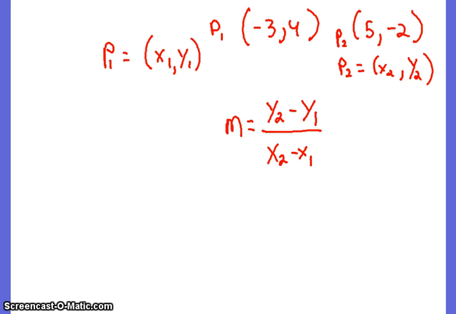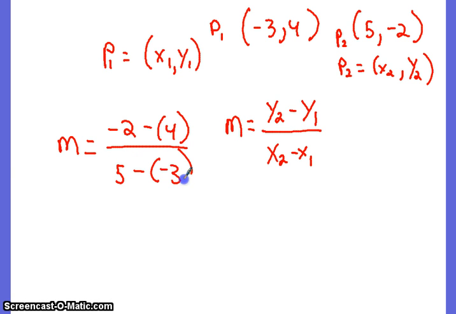All right, so m equals, and then this time, let's plug in our correct information. We have -2, that's our y2, minus 4 over 5 minus -3.